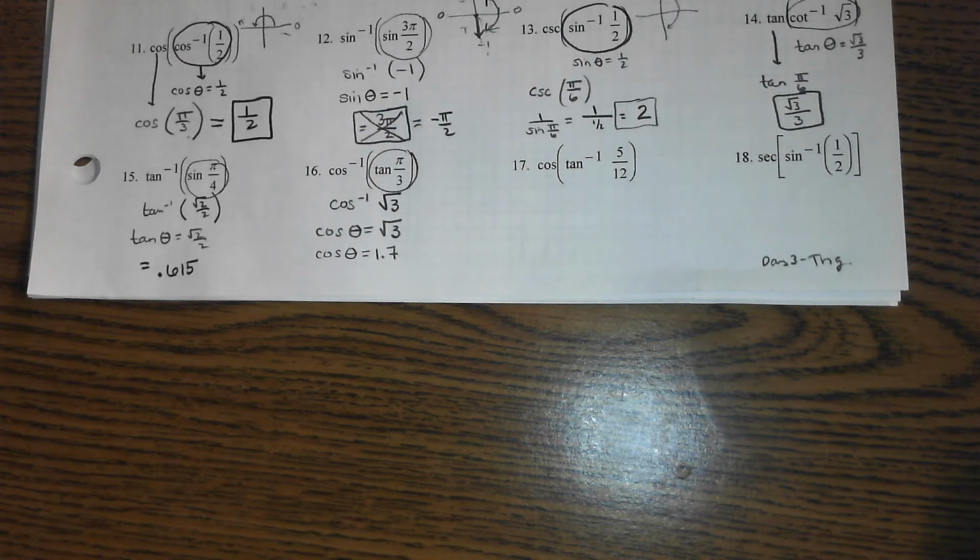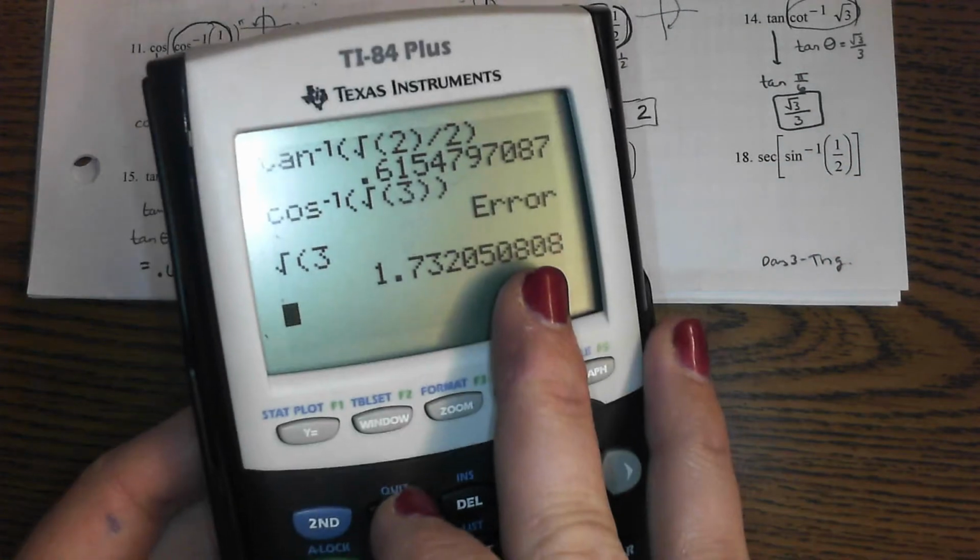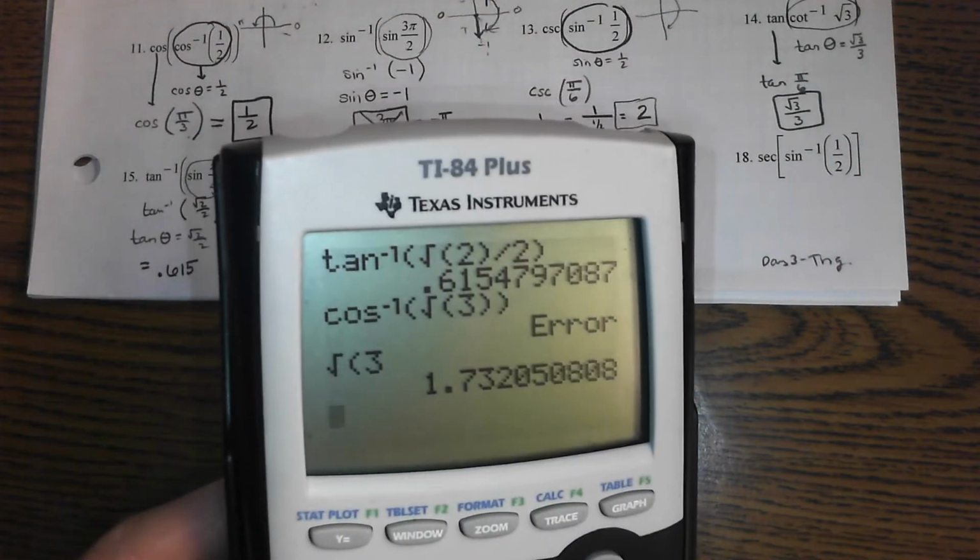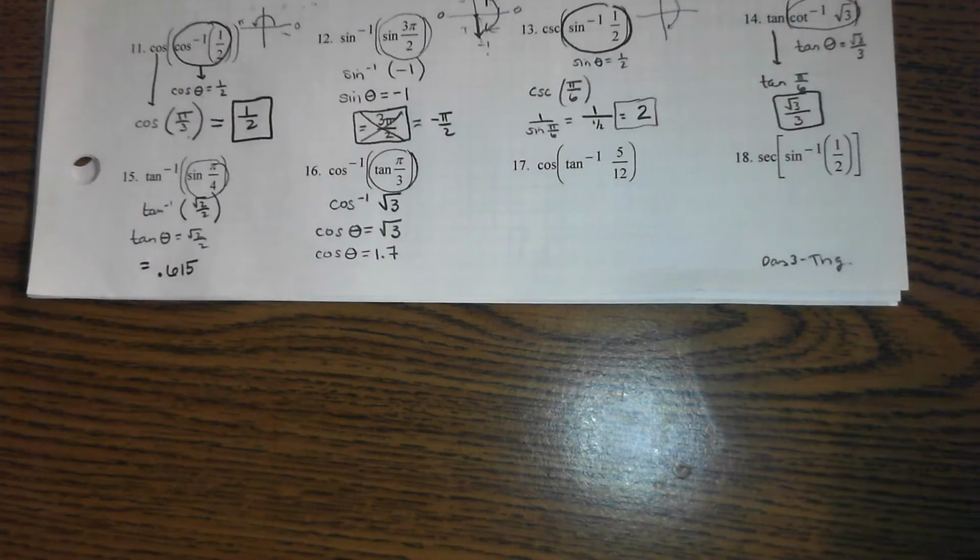And you would write, by the way, your calculator gave you undefined on this one. You would write undefined. The error is the same as undefined, so you don't need to be confused about it. I would like you to understand why that happened, which I'm going to tell you now. But as far as getting the problem right on a test, if it says undefined, you write undefined.